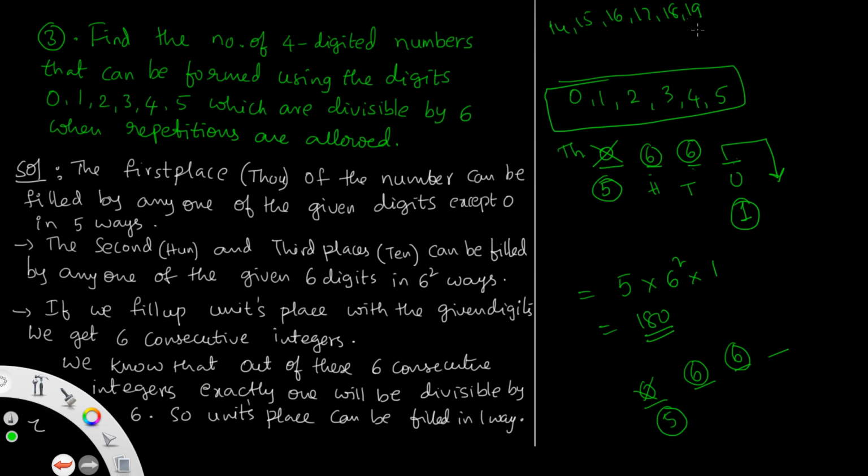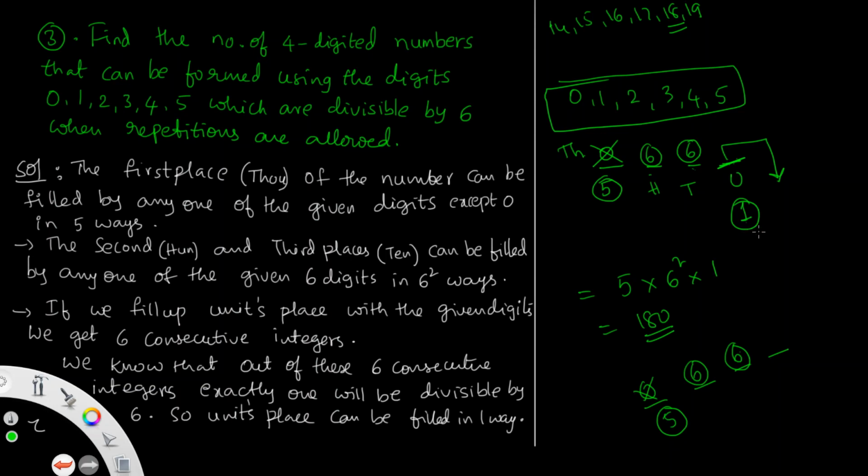In this, divisible by 6 is only 18, only one choice. Any consecutive numbers you take, you get only one choice. That is why this place can be done in only one way.